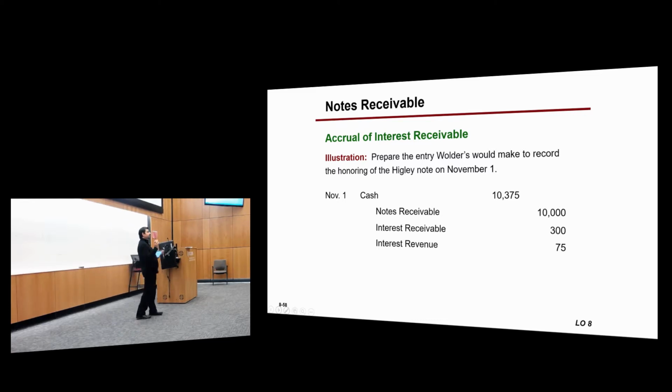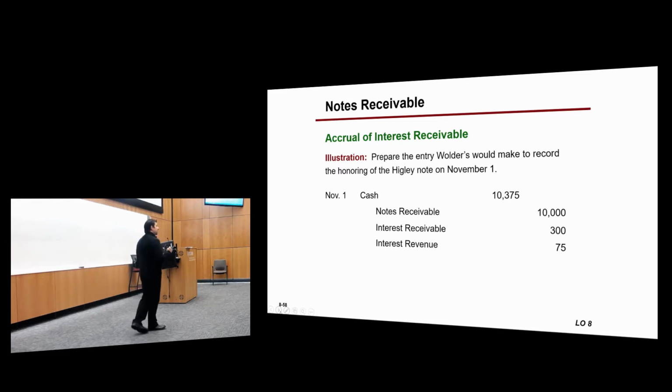So if the maturity date is within the accounting period, you don't have interest receivable because you will receive cash before you actually have to adjust for the accrued interest. If the payment or maturity date is after the preparation of the financial statements, if it falls in a different accounting period, you will have to adjust for the accrued interest.